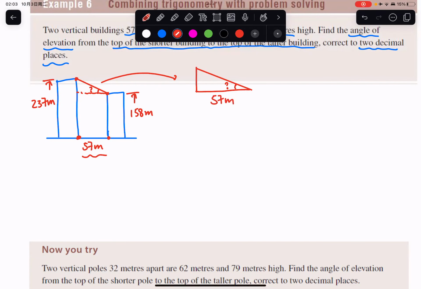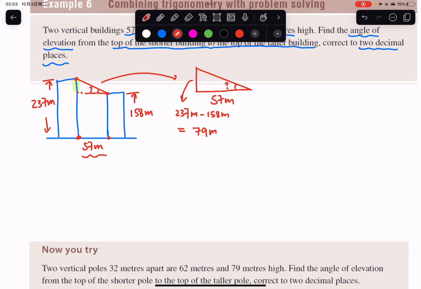We don't know the hypotenuse, so we're not going to use it. But we know the heights of the buildings, and the difference of the height, so we can get this by using 237 meters minus 158 meters, which is 79 meters.